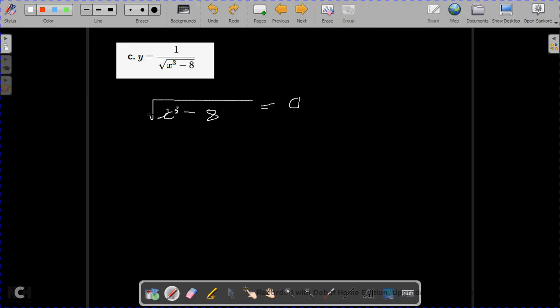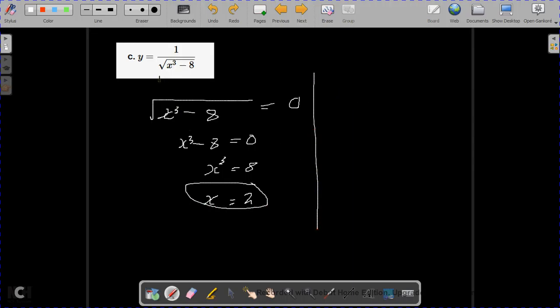Alright, square root, so square it. 0 squared is 0. x cubed take 8 equals 0. Plus 8. Cube root it. We get x equals 2. So x equals 2, 2 cubed is 8, take 8 is 0. Square root of 0 is 0. We get 1 divided by 0. So that's one point where it doesn't exist.